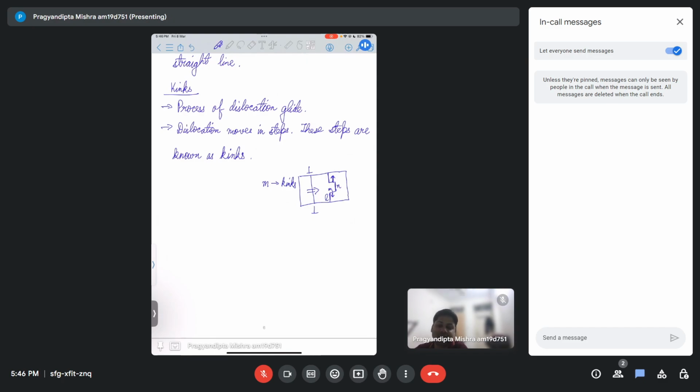So what can we say about this L, M, and N? What kind of characteristics do these have? Now L still has an edge character, right? It is just like the edge part. L still has Burgers vector perpendicular to the dislocation line, right? My Burgers vector was in this direction because it's edge.